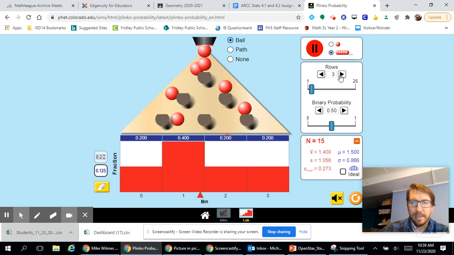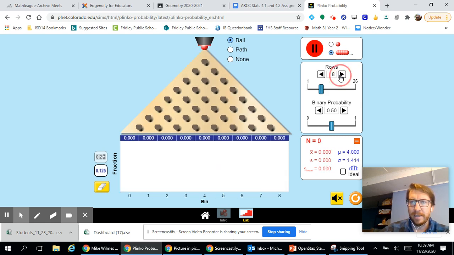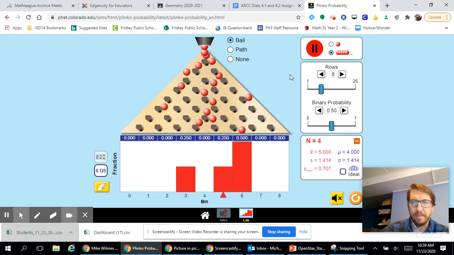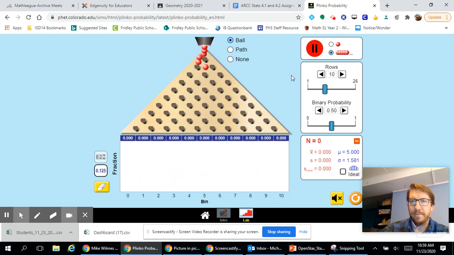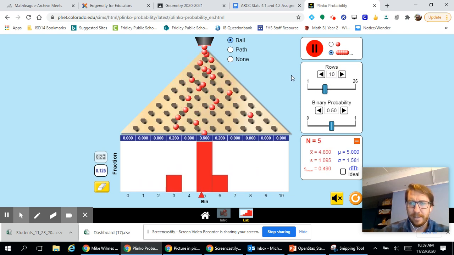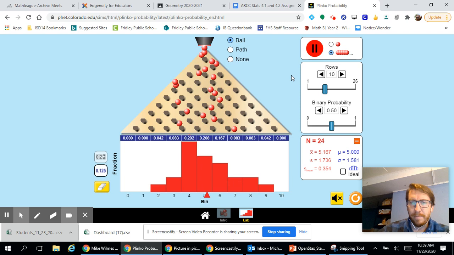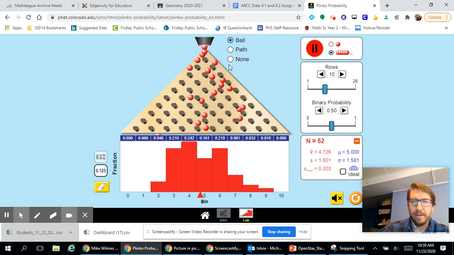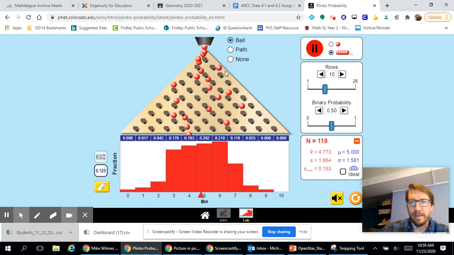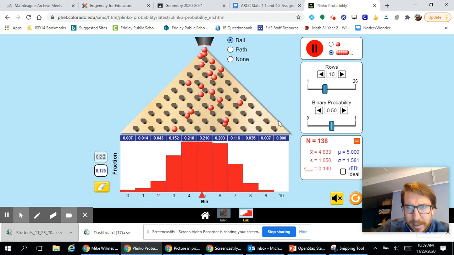We can take this larger. And if I expand this all the way out to a big one, maybe I'll go even further out. We'll hopefully start to see what's known as a binomial distribution come into play. And what's going to happen is it's going to be really hard to get all the way out to the edge, because to get out to the edge, you need to go to the right side, right, you know, what is that, 10 times?